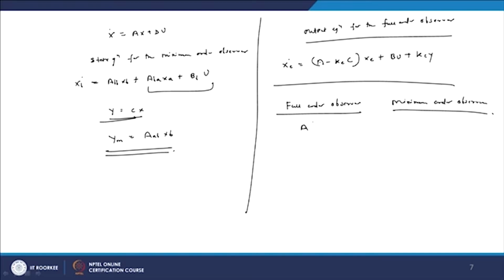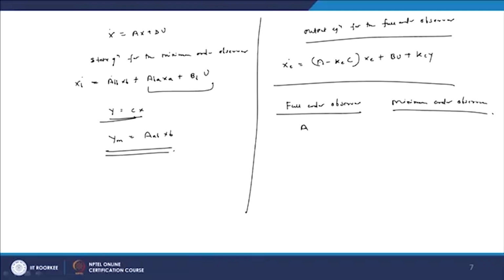Now, in case of the minimum order observer, we have xb dot, corresponding to which we have ABB, this is the state, and this is in terms of input, because we know it. So, for the minimum order observer, we write A suffix BB.